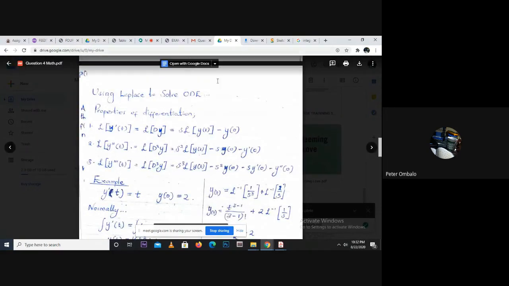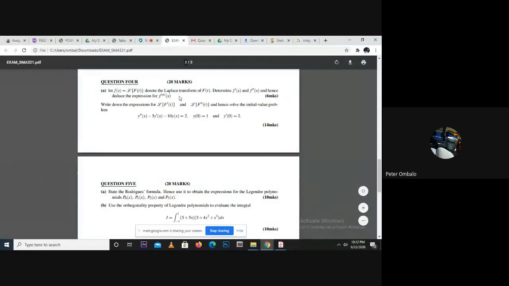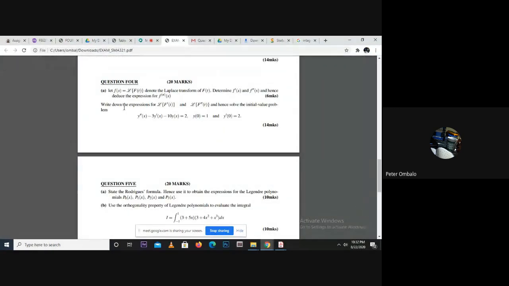Okay, so now we can look at the second part. Let's see what the question is saying. Write down the expressions for the Laplace transform of the first derivative of a function of t and the Laplace transform of the second derivative of a function of t, and hence solve the initial value problem.